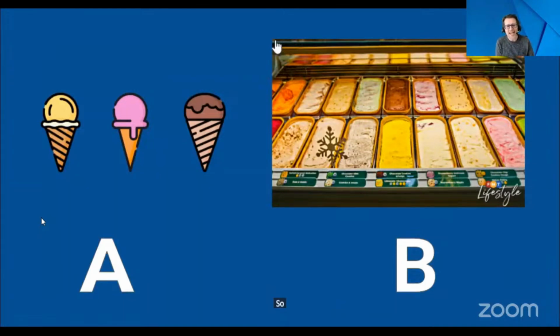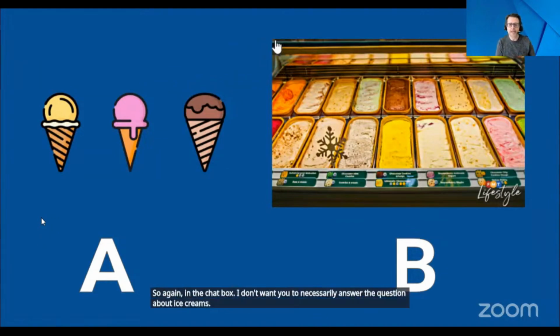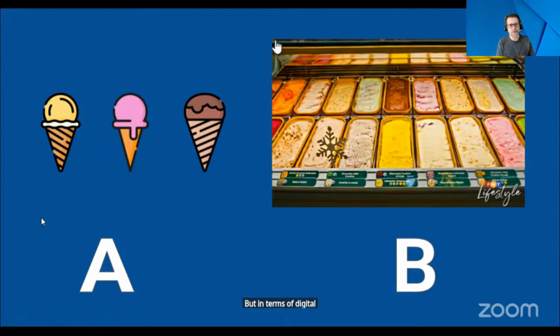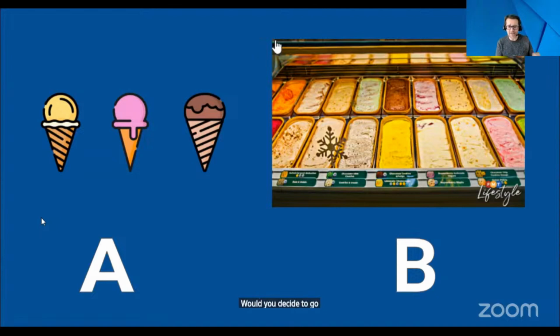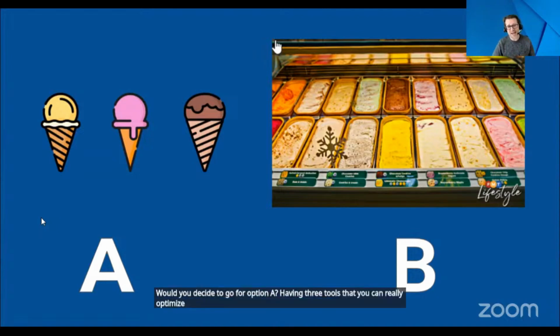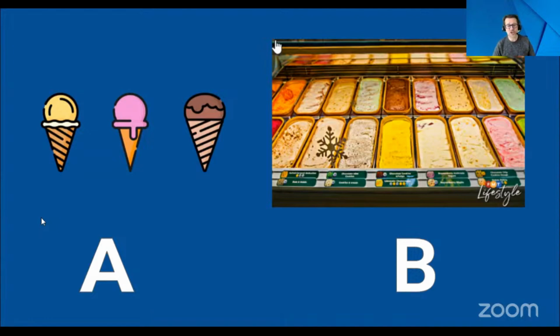So again, in the chat box, I don't want you to necessarily answer the question about ice creams, but in terms of digital tools, if you had to choose between having 3 tools that you'd researched, that you'd used, that you decided are really effective, or access to many, many tools, would you decide to go for option A, having 3 tools that you can really optimize, or B, having lots of tools that maybe you'll have to learn how to use, that maybe won't be as effective in terms of your outcomes as you'd have expected, with the extra stress and the extra time and the extra effort needed to master them, would you still give me the same answer?